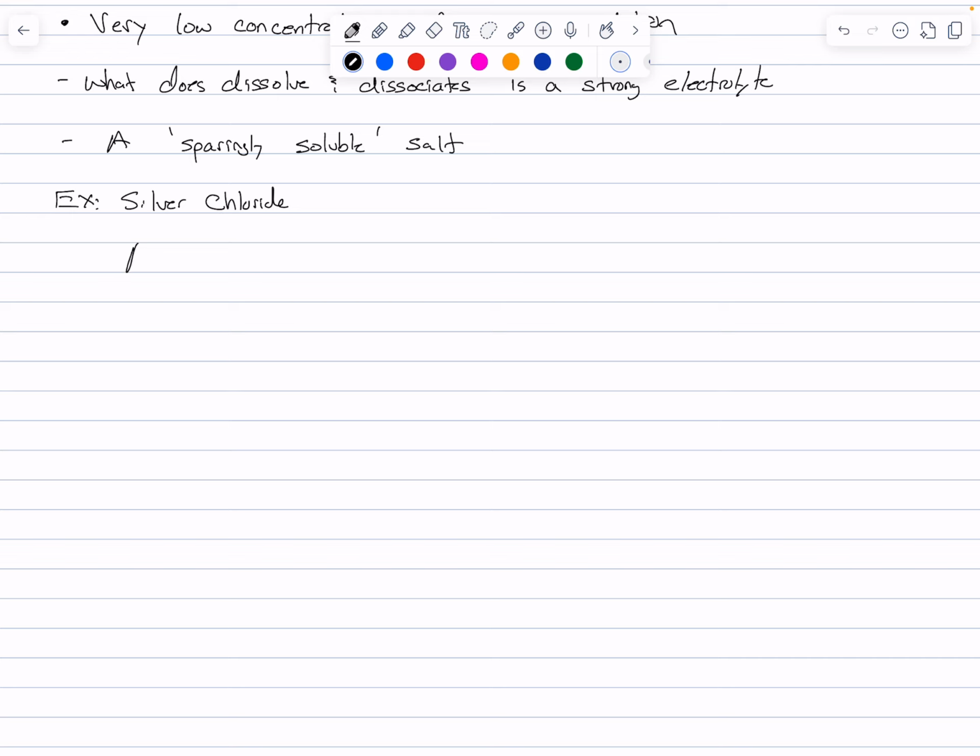So we have silver chloride, AgCl, solid. And if you need to, there is no shame: silver is Ag+, chloride is Cl-. There's no shame in doing that. So silver chloride, and we have our arrows, breaks up into a silver ion and chloride.